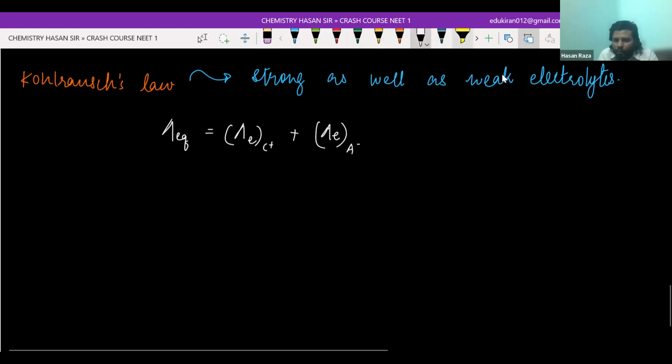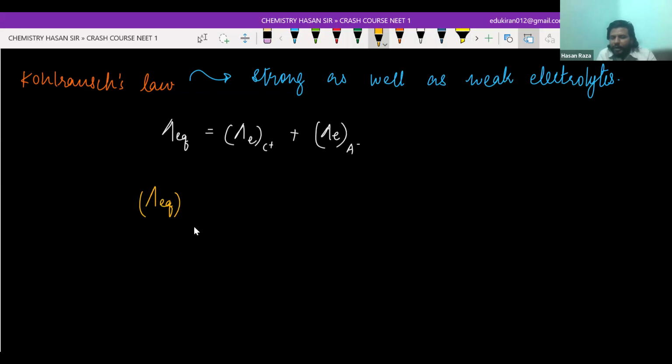Basically, if you want to calculate the equivalent conductivity of NaCl, this can be equal to the equivalent conductivity of the parts into which NaCl dissociates, Na plus and Cl minus.